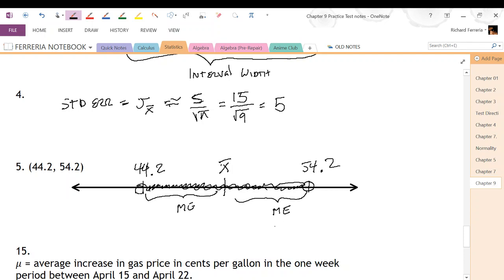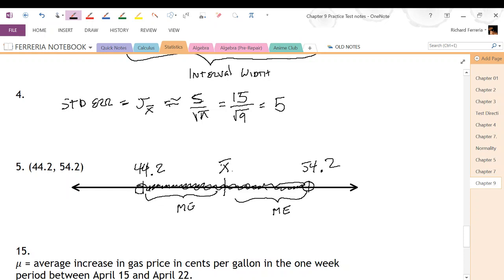But to answer this question really quickly, the x bar is always going to be the midpoint of the interval. Mathematically, you could find the midpoint just by finding an average.